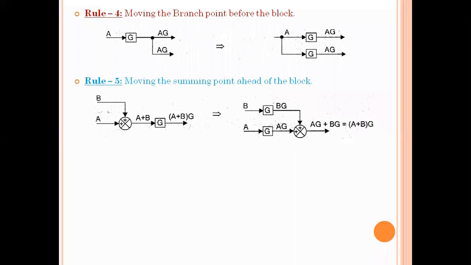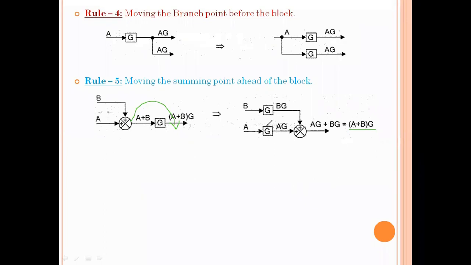If we move the summing point from here to here also, we definitely need to get the same output. The output must be the same. How can it be done? So move this summing point from here to here, like this. But we need to get the same output, which is A plus B into G. So for that, simply add a gain block in this A loop and the same in the B section also.